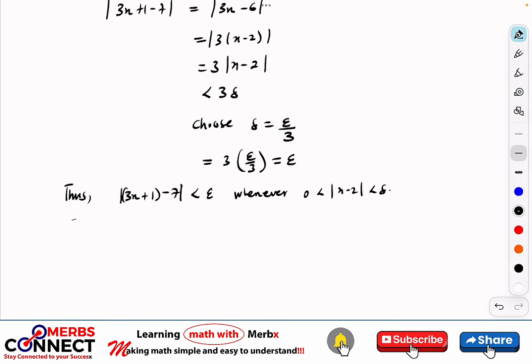Now we can see that since epsilon greater than 0 was arbitrary, then the limit as x approaches 2 of 3x plus 1 is indeed equal to 7.